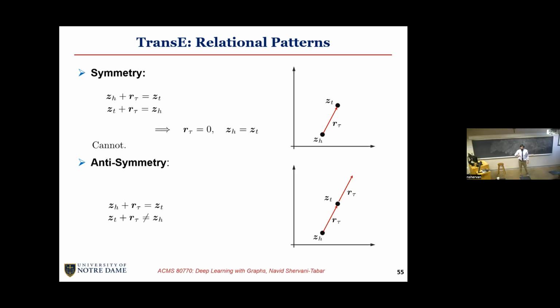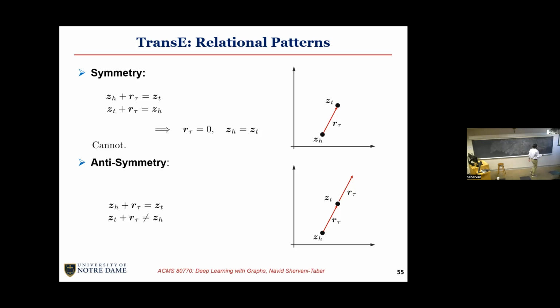From these two equations, I conclude that R tau should be 0. And if R tau is equal to 0, these two points will overlap. If those two points overlap, that means they have the same embedding. So it cannot represent a symmetric relationship, because we don't want two different nodes to have the same embeddings.